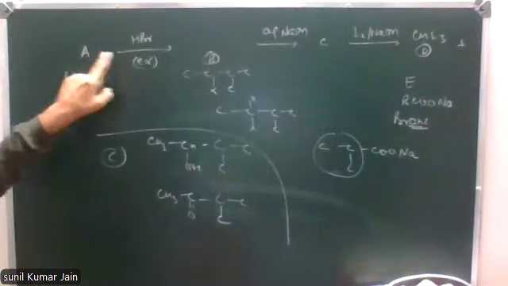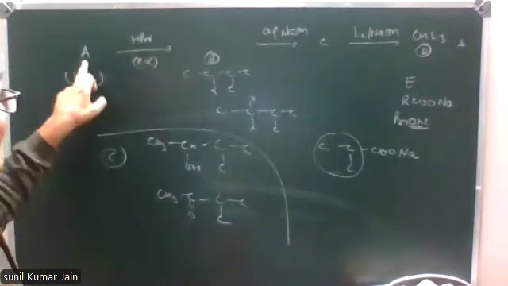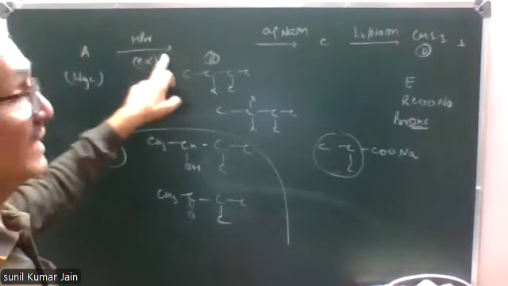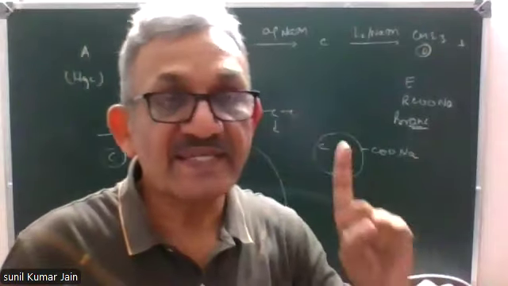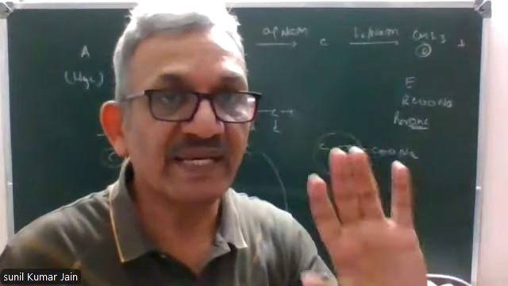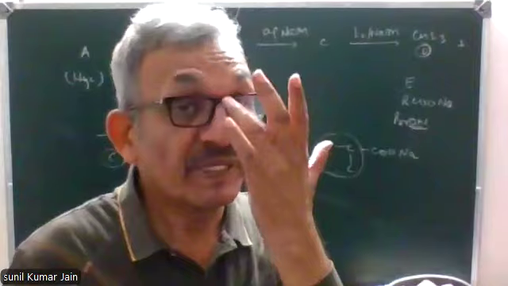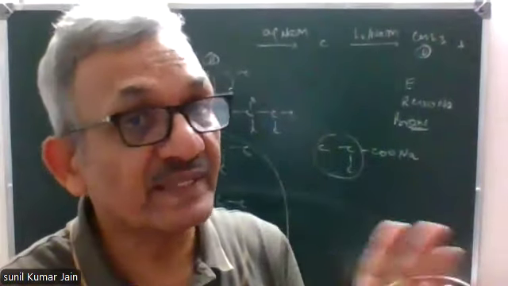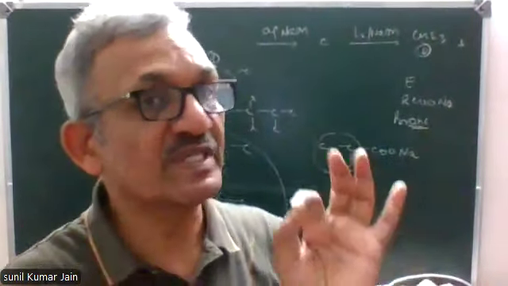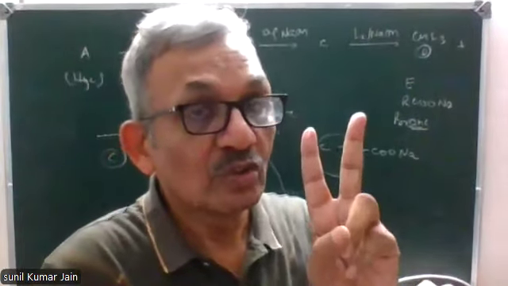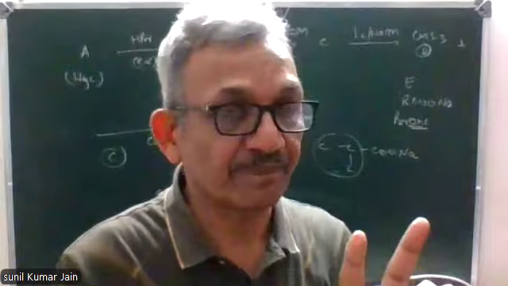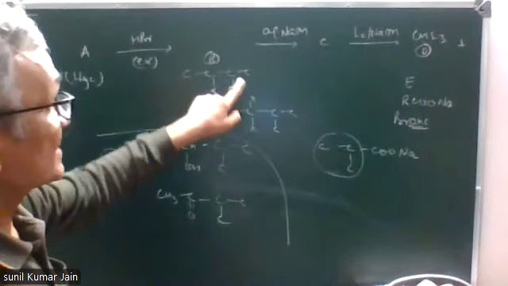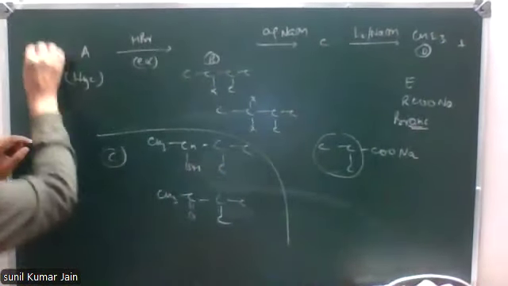Now, B is obtained by the reaction of A with excess of HBr. A may be alkane, alkene, or alkyne, but it reacts with HBr, and that too in excess. It means A should have more pi bonds. It means this is an alkyne, and this alkyne has the same arrangement of carbon atoms.